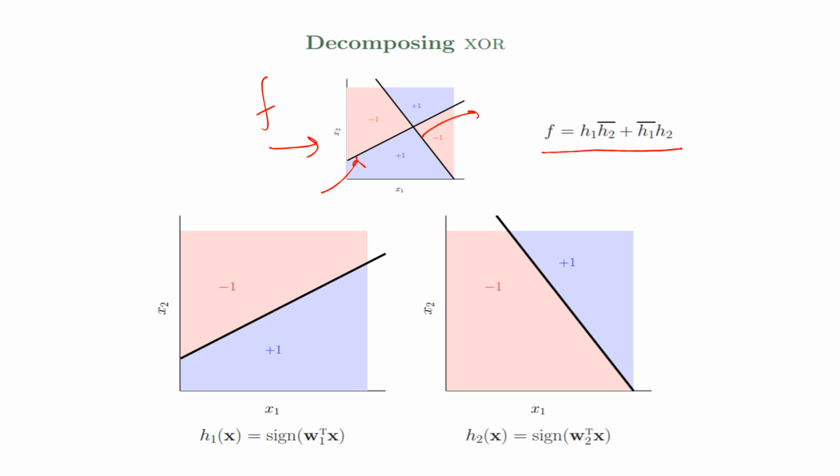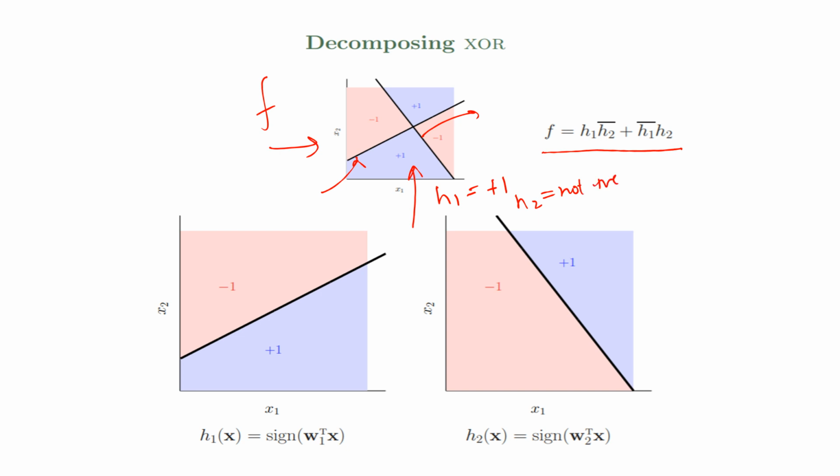Well, mathematically it's expressed like this. And why is that? Let's look at it. Now notice these positive regions. If we notice this lower region, this is when my H1, which is this, is positive, but my H2 is not positive, right?